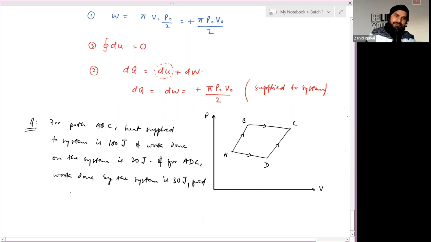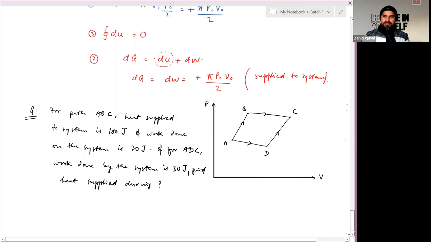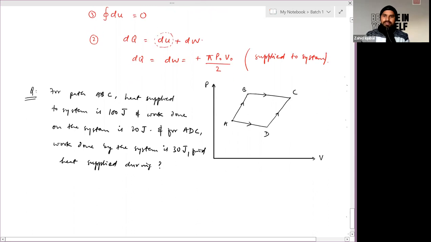Find heat supplied during this. Let me give you a hint how to solve this part.